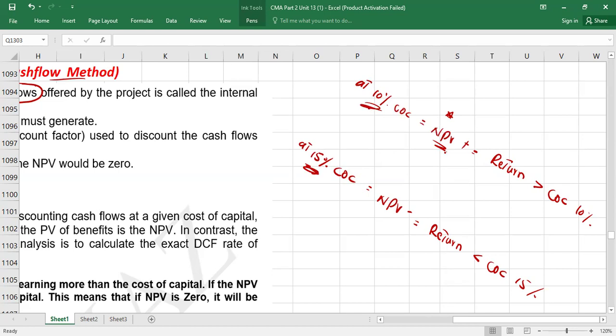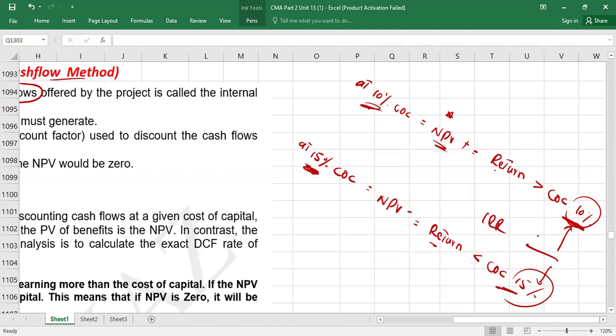So our return is greater than 10%. But on the other hand, our NPV at 15% is negative. It means our return is less than 15%. It means our return is in between 10 and 15, because return is greater than 10% but less than 15%. It means the internal rate of return is in between this.